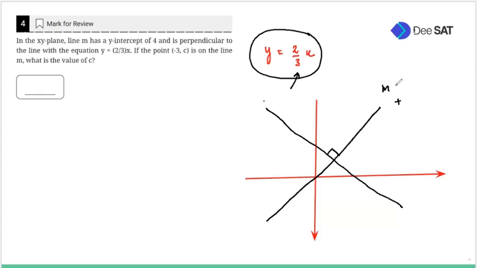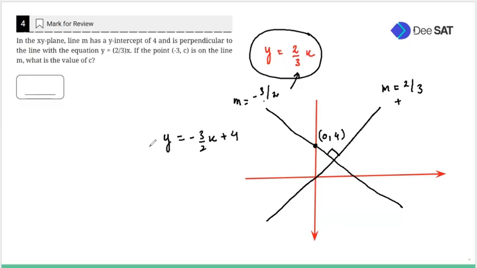If the slope of this particular line is 2/3, definitely the slope of this line should be negative 3/2. And the y-intercept of this line is 4. That means this point is (0, 4), 100%. The equation of this line is y equals negative 3/2 x plus 4.